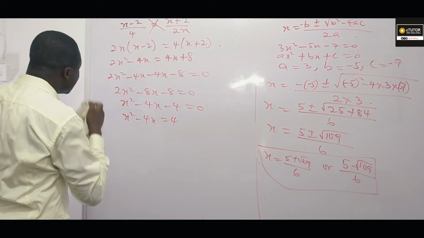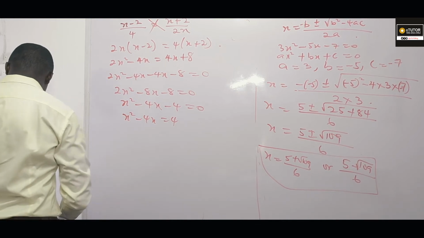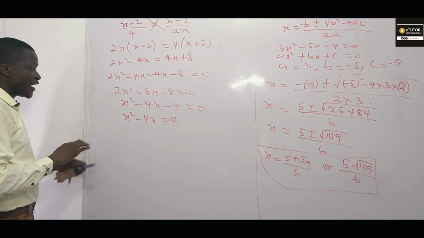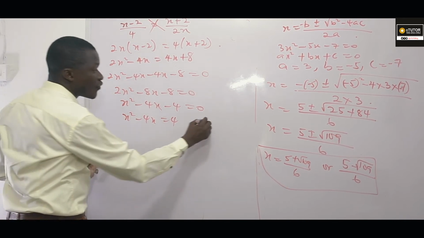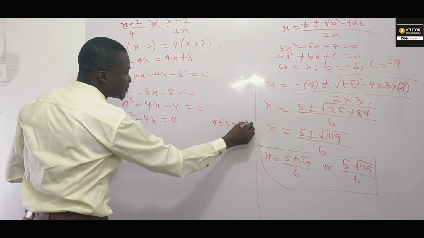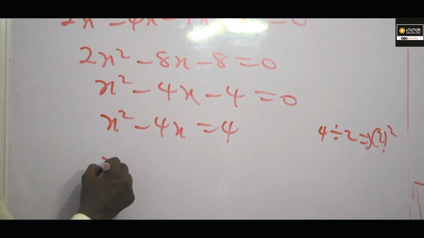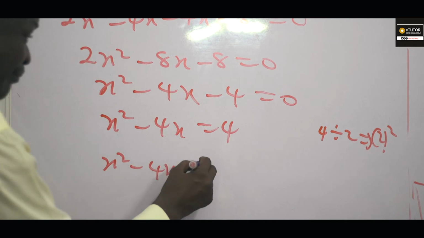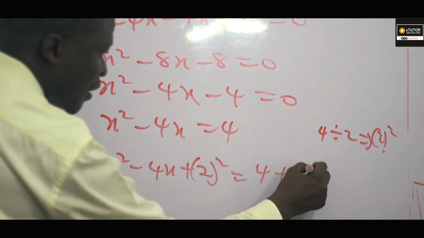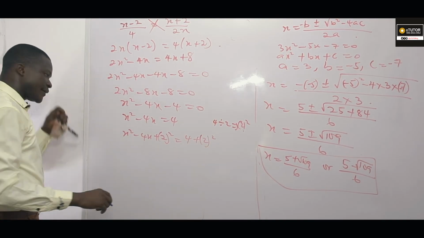What's the next step? Take the coefficient of x, half it, square it, and add it to both sides. What is the coefficient of x? 4. Half it, that gives us 2. Square it, then add it to both sides. Let's go. x squared minus 4x plus 4 equals 4 plus 4. Are we together?